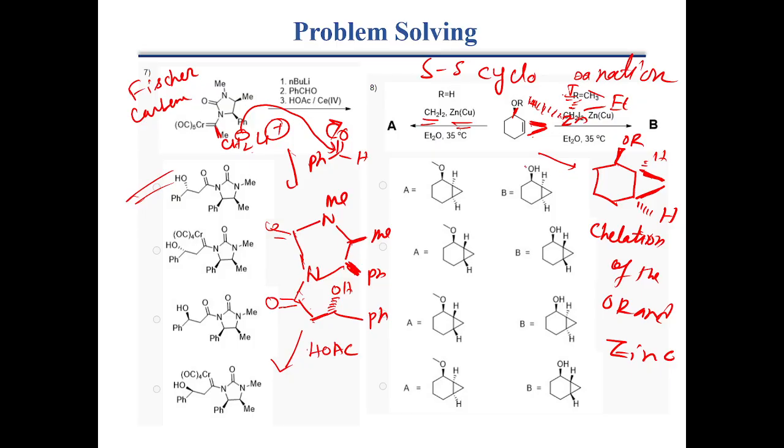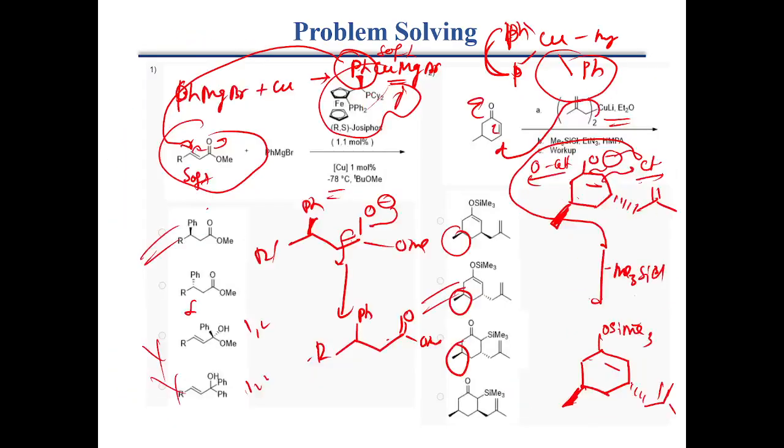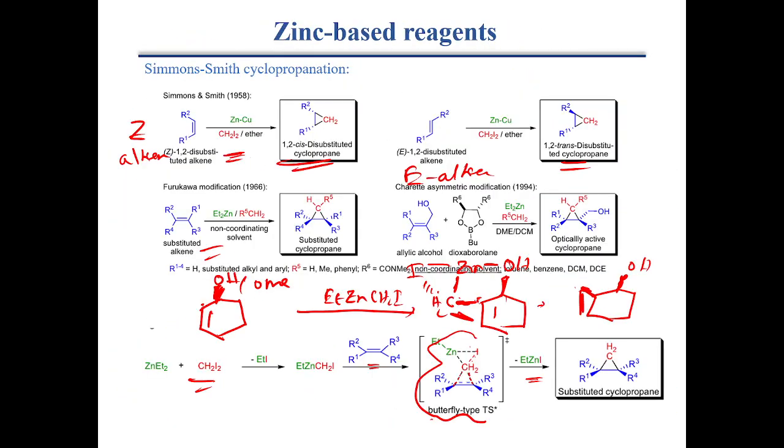So the right answer is both. One is R equal to H and one is R equal to methyl. Both the cases are the same. So we'll get this one. A is the right answer. So this is due to the chelation, just like this one. So CH2, just as I discussed here. So this kind of chelation forms.